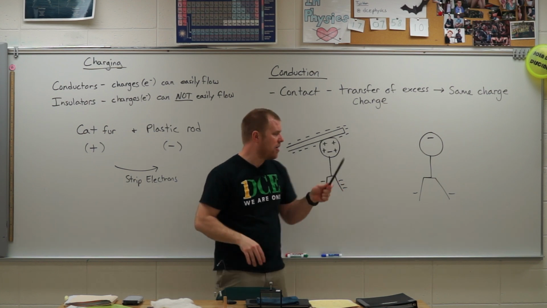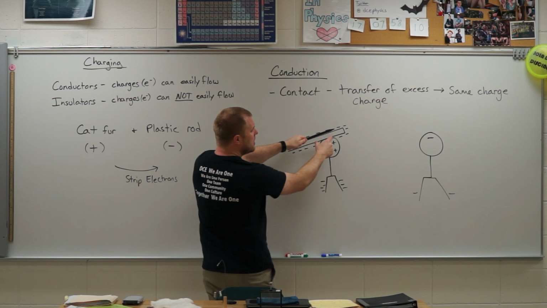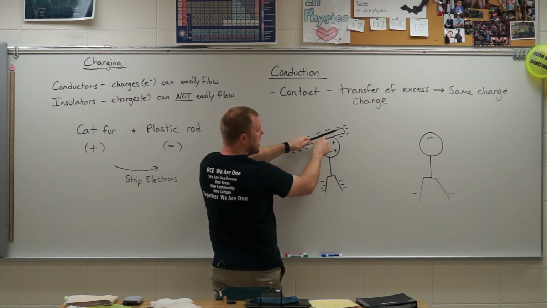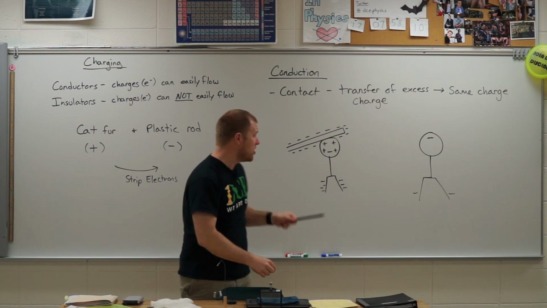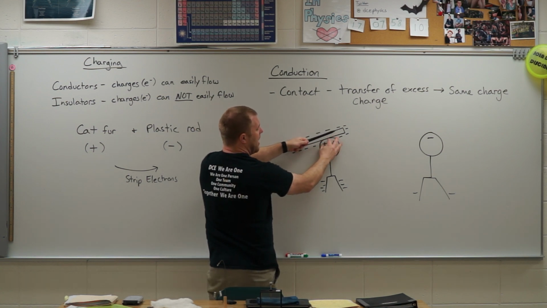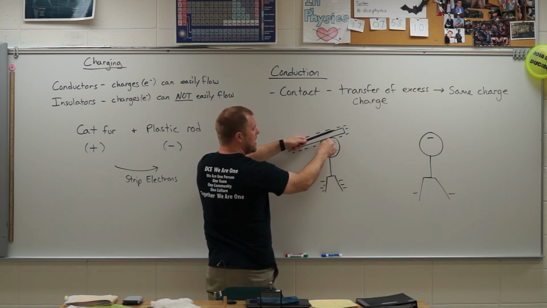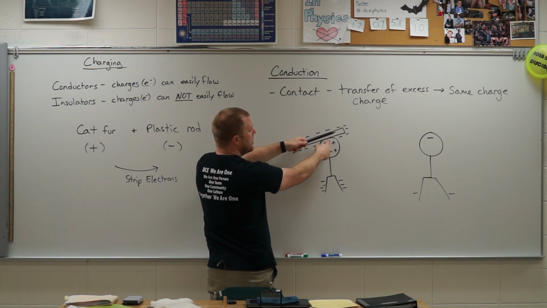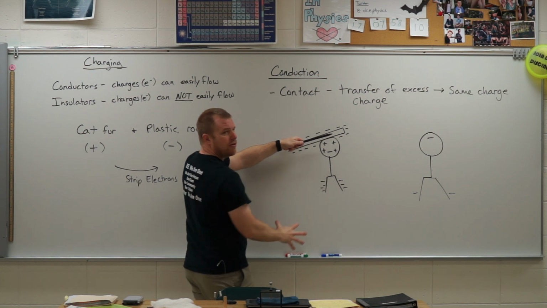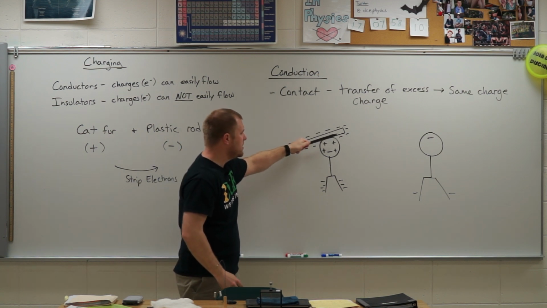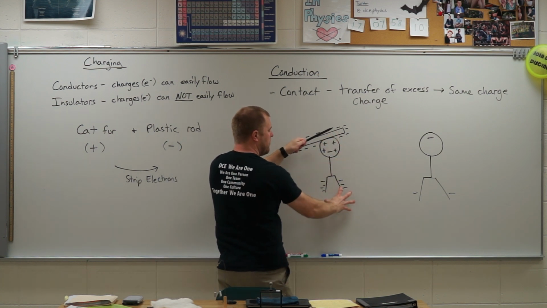It just stays there. But when I touch it, all of the electrons that are right on that touching edge are now in contact with something that is a conductor, and those electrons are then allowed to flow. Now, as soon as they get to an easy flow situation, all those other electrons repel them and they get pushed down into the bottom. So as soon as I touch it, a bunch of electrons hop off and move down.